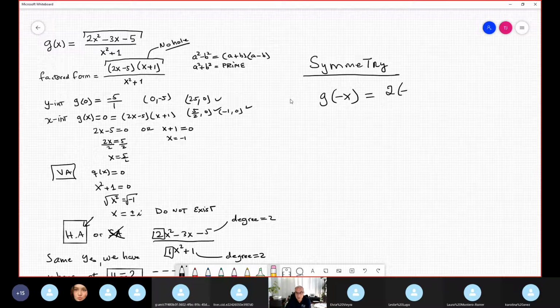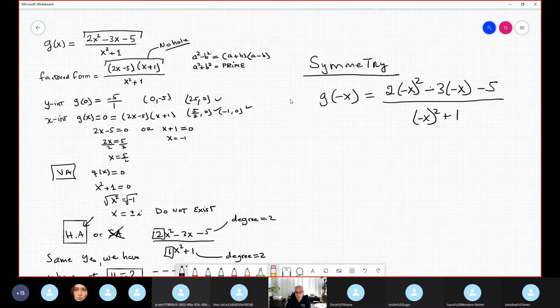2 times negative x squared minus 3 times negative x minus 5 divided by negative x squared plus 1. Well, I know when it's a square, it stays positive. It's 2x squared.